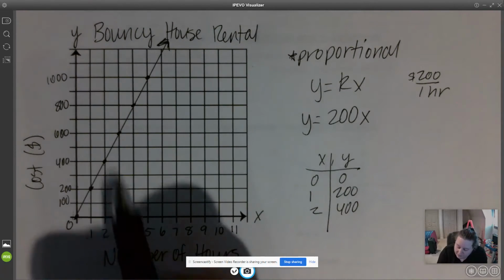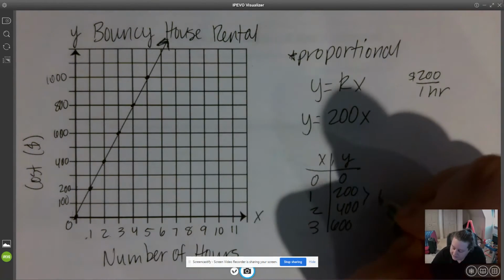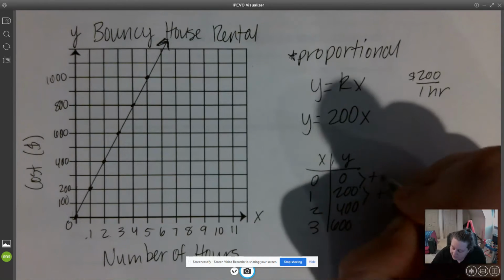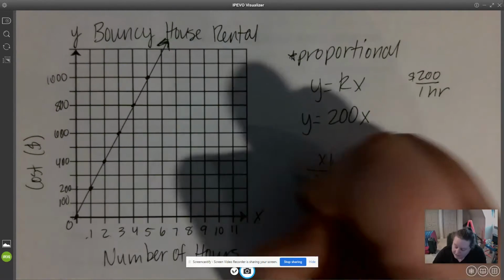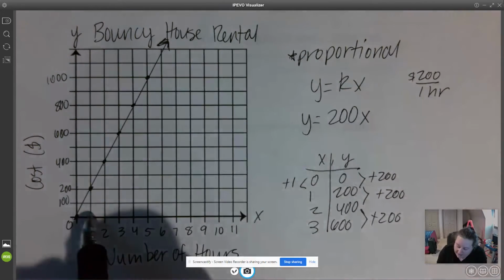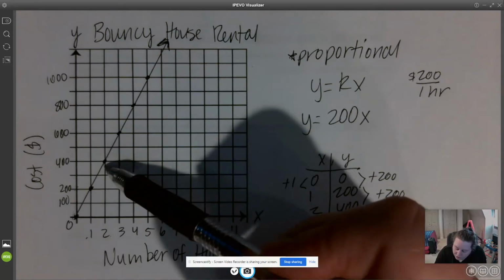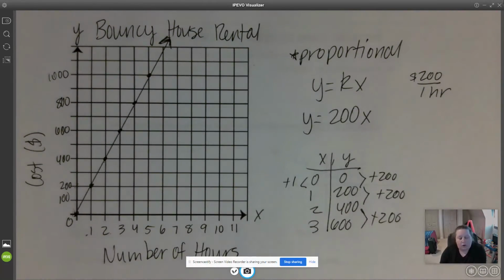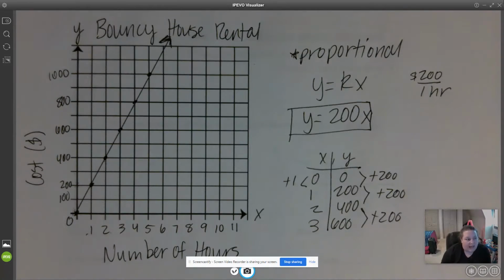If I rent it for 3 hours, it's going to cost me $600. And you can see how this is increasing by $200 for each hour. And I can see that on the graph, up 200 over 1, up 200 over 1. So that makes this equation y equals 200x.